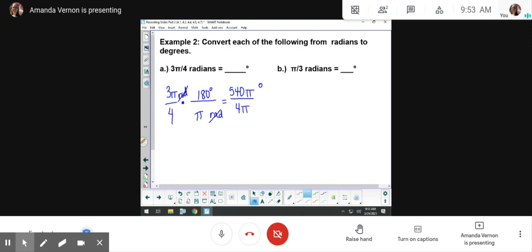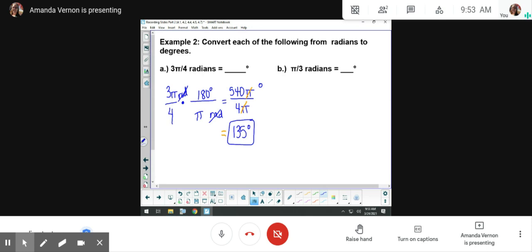Always go back and see if you can simplify. In this case, the pi is the same on the top and bottom. And then if I go to my calculator and I finish solving this, I'm going to find that this equals 135 degrees. This is another one of our very common measurements that you're going to see showing up as we continue our study around the unit circle this week.